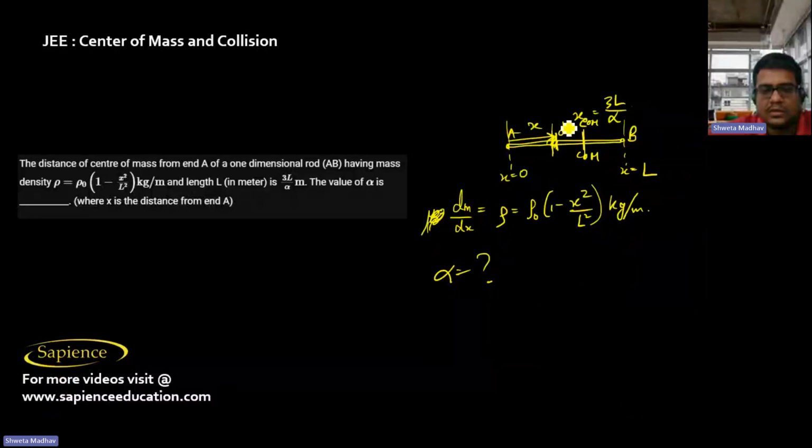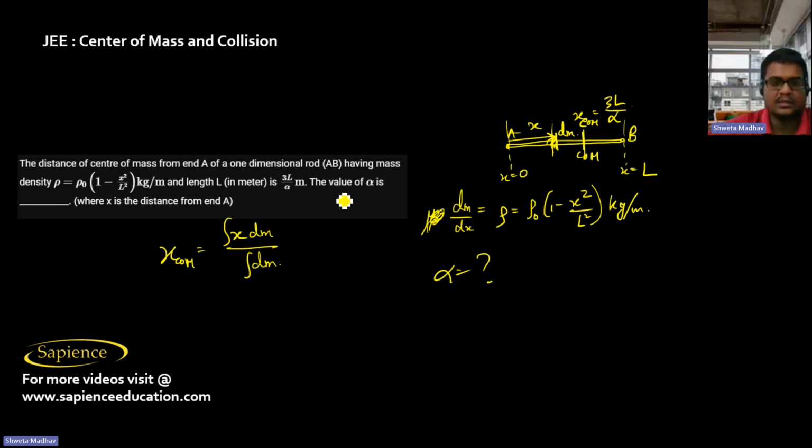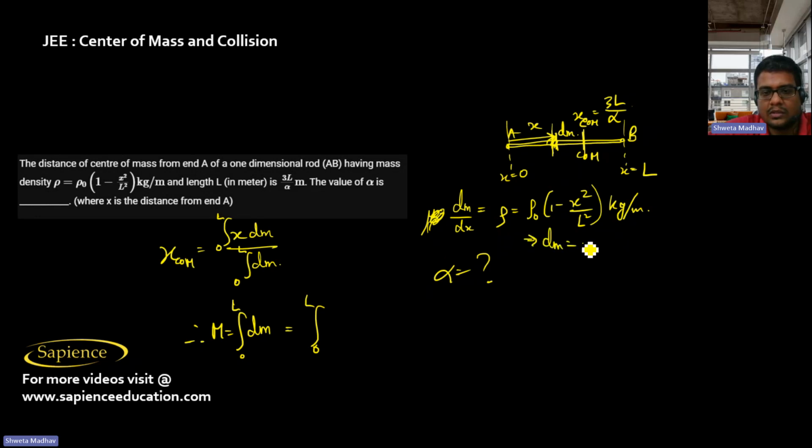So here, if we take a small mass dm, the x coordinate of the center of mass of this one-dimensional rod will be equal to integral x dm by integral dm, and x will go from 0 to L. Therefore integral dm, which is the total mass of the rod, is integral 0 to L dm, where dm equals rho into dx.